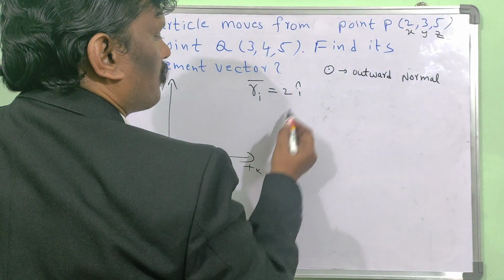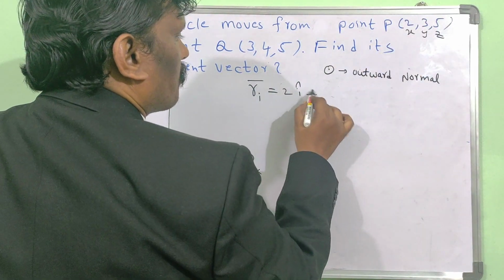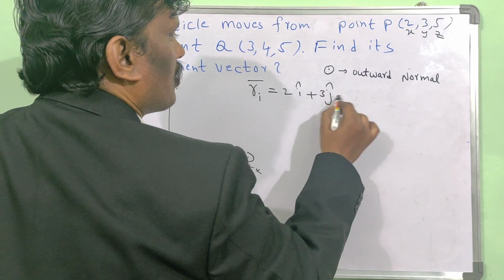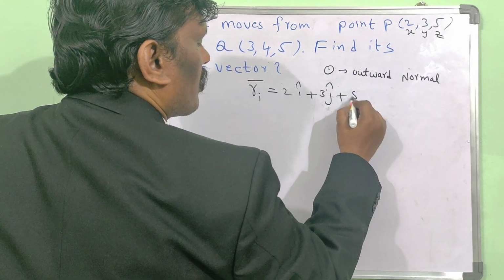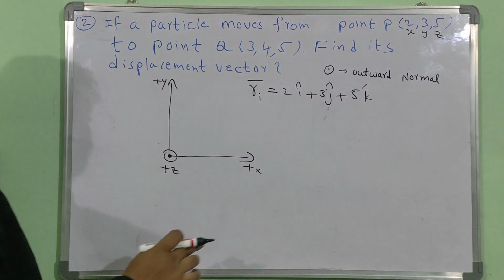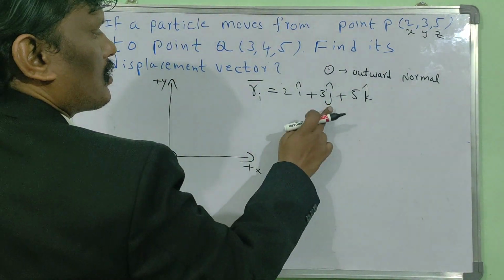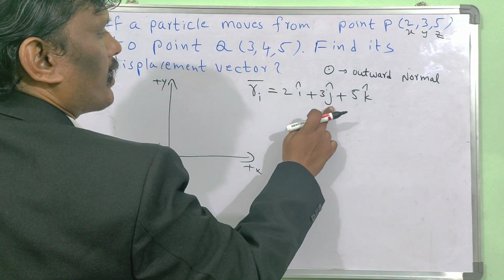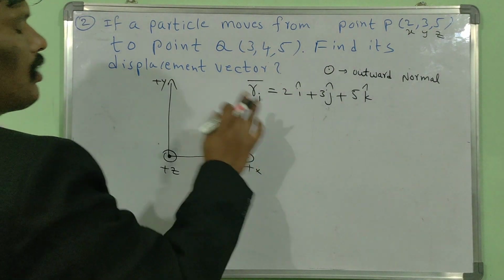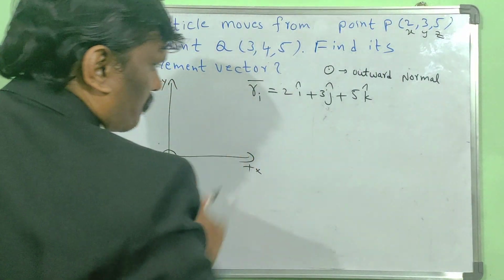So 2 units along positive x direction plus 3 units along positive y direction plus 5 units along positive z direction. So i cap represents positive x direction, j cap represents positive y direction, k cap represents positive z direction. That is the initial position vector.